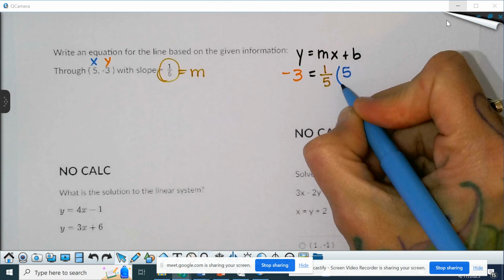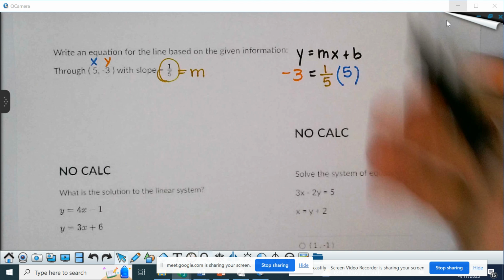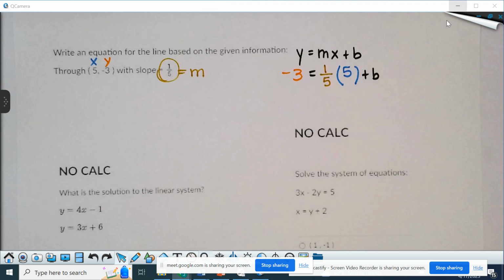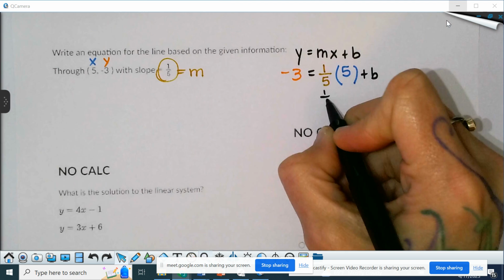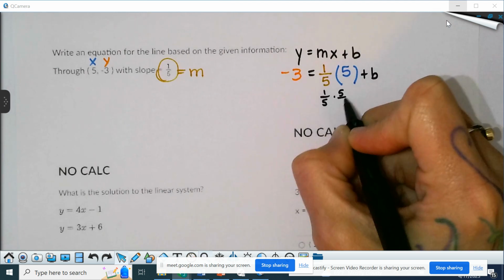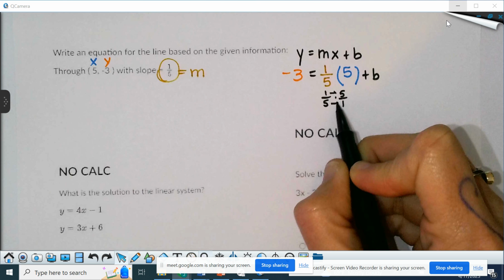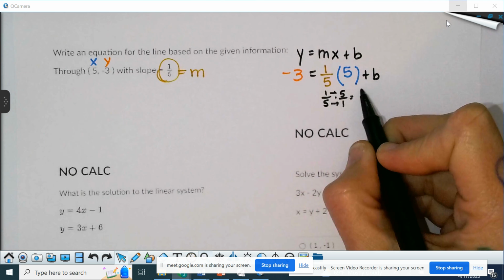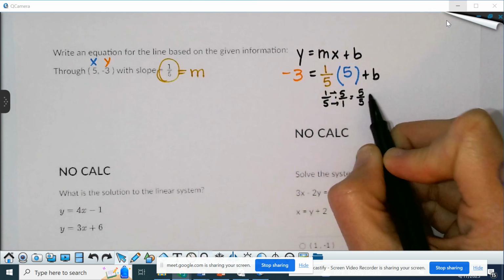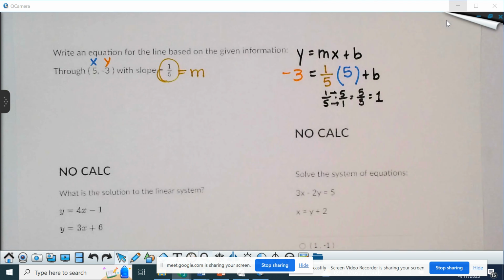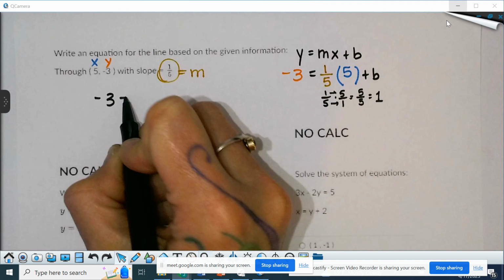And then plus b. Remember, when you multiply fractions, that's going to be 1/5 times a whole number 5/1. You work straight across the top, straight across the bottom. And that's going to be 5/5, which will give us a positive 1. So that means we have -3 equals 1 plus b.